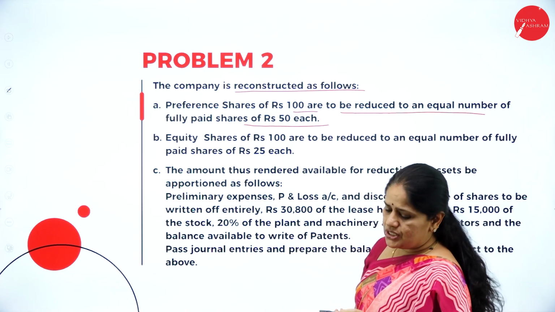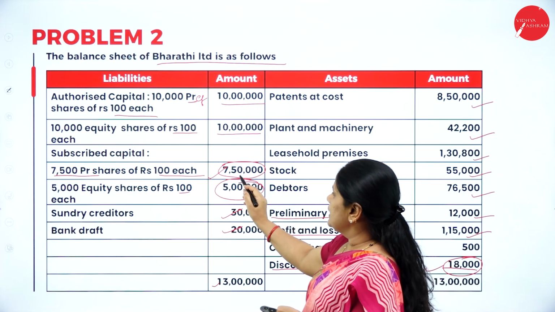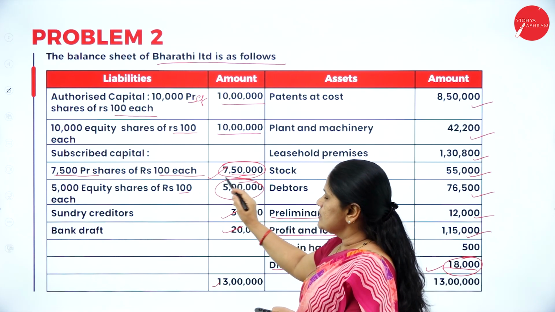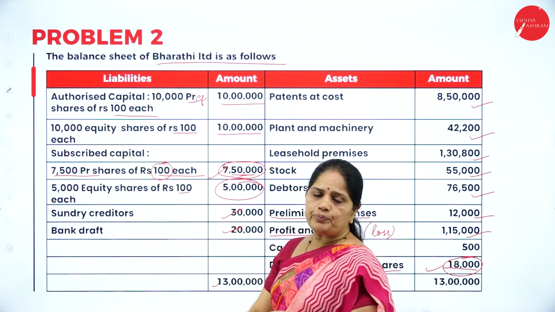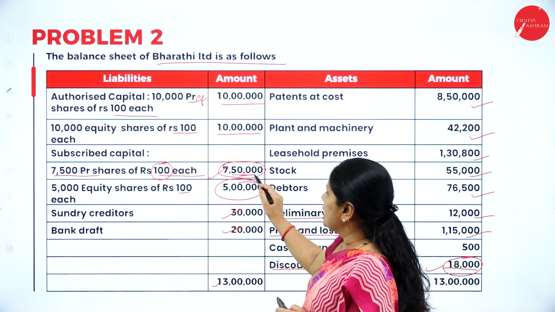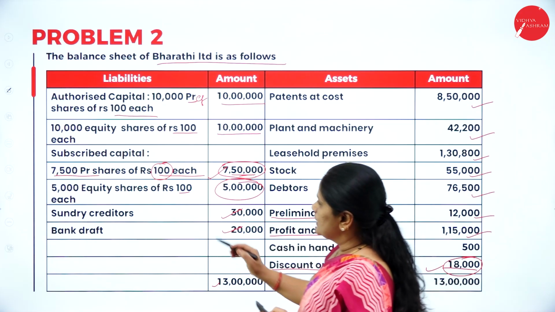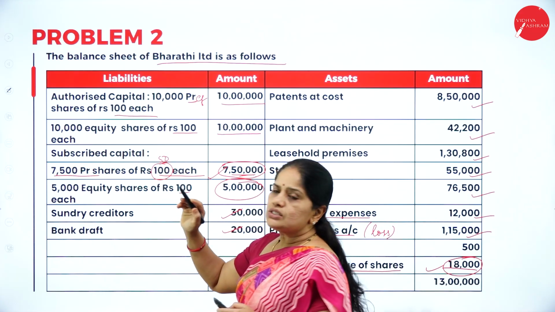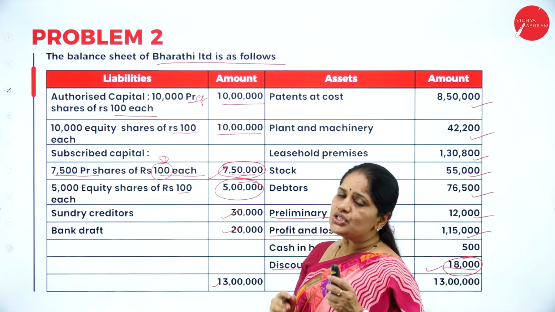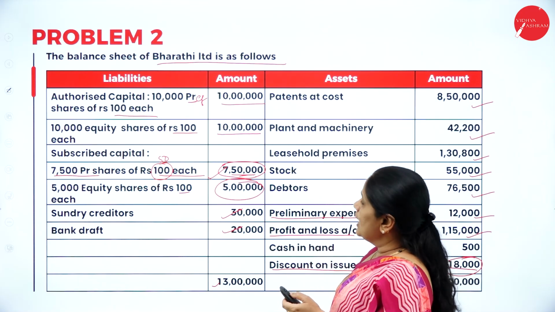What is the preference share capital here? 7,50,000. So this is for 100 rupees each. Now they are reducing it to 50 rupees. So half of it will be the share capital and half will go to the reconstruction account.